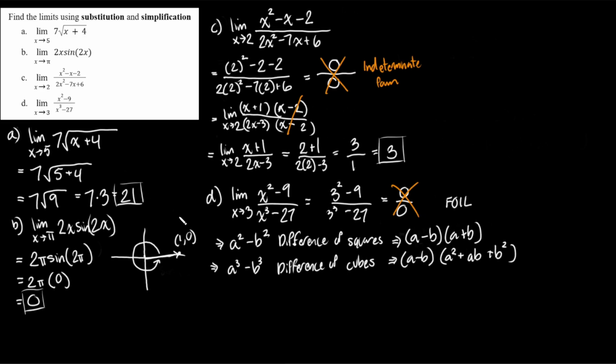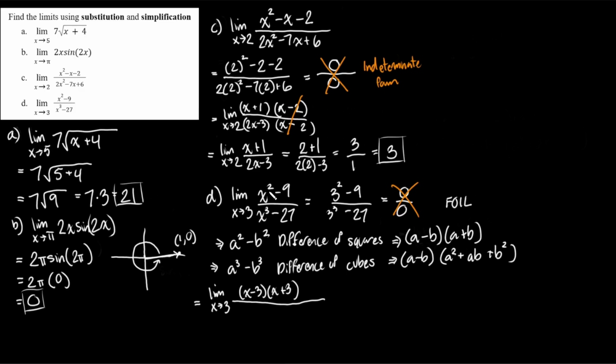So this is going to be really useful in simplifying this. Let's rewrite the limit. Take the limit as x goes to 3, and I'll make a big fraction bar. The top part is a difference of squares. I'm going to think of this 9 as 3 squared, and so we can rewrite this as x minus 3 times x plus 3.